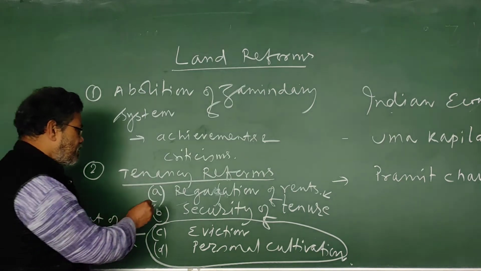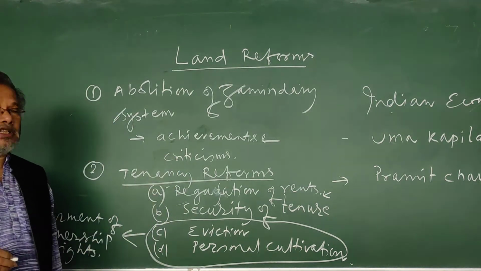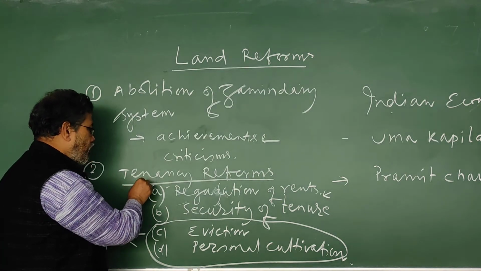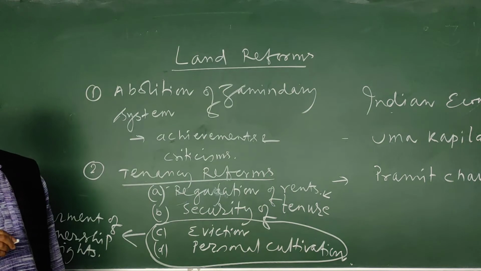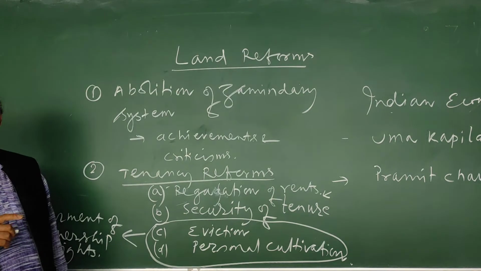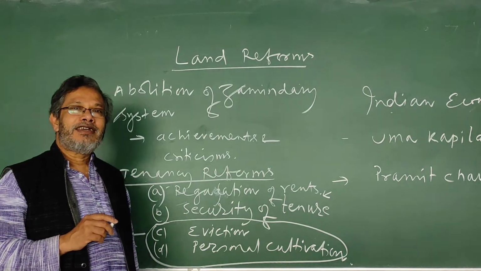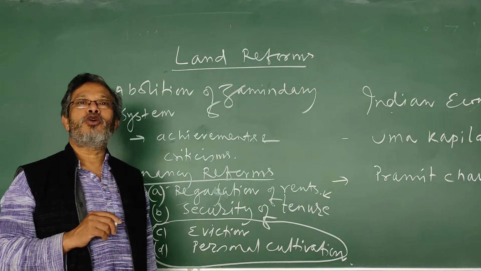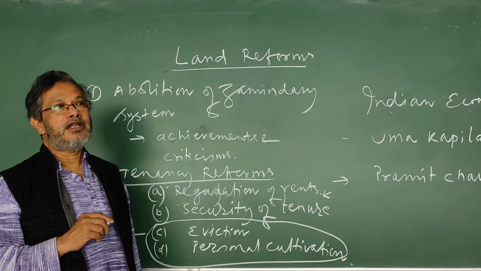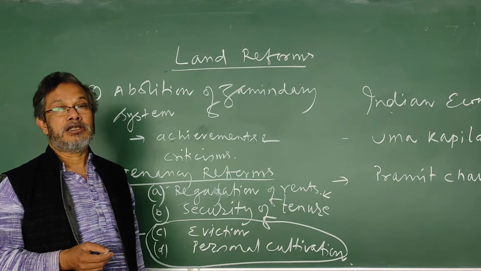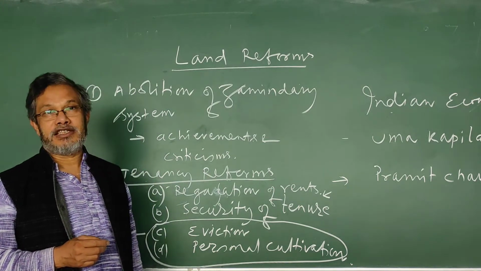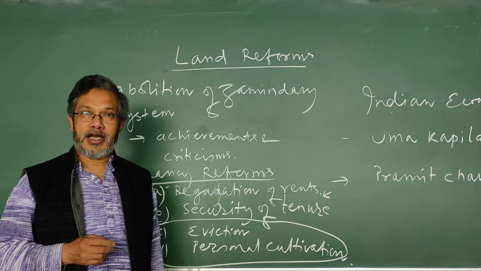Let us talk a little bit about regulation of rent. In case of tenancy reforms, you should know who are called tenants. According to the law or act, tenants are those persons who cultivate the land of others in exchange for payment of rent, either in cash or in kind or in both.